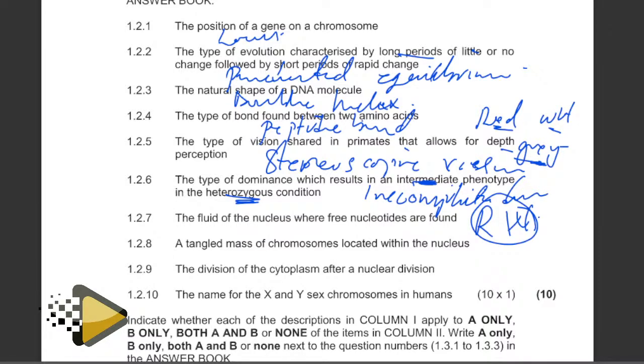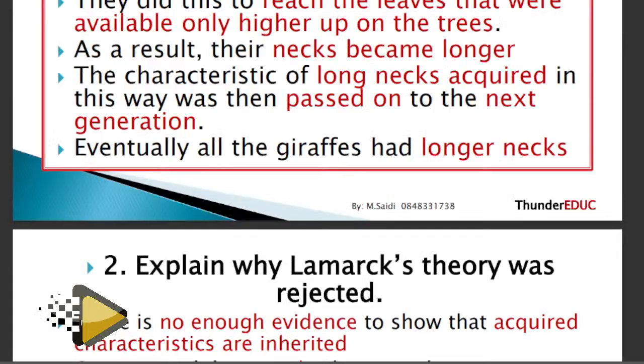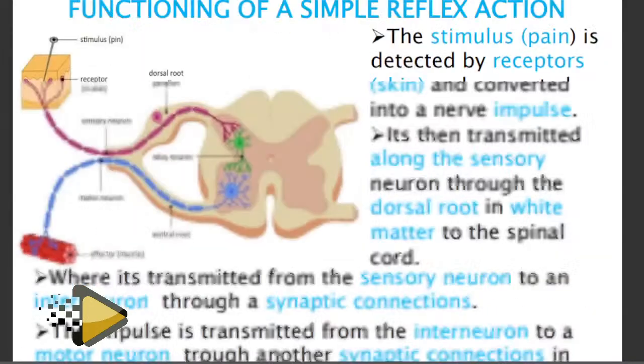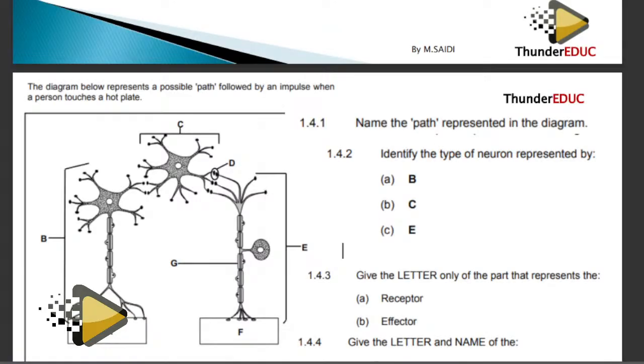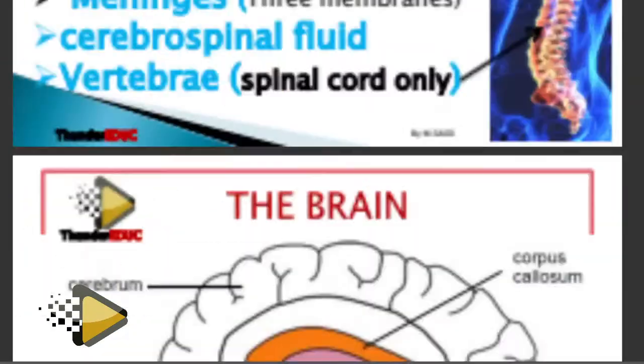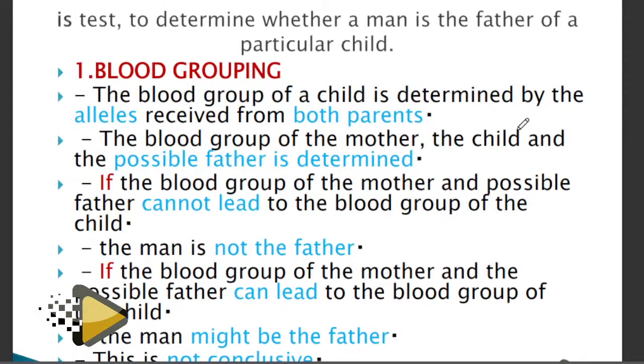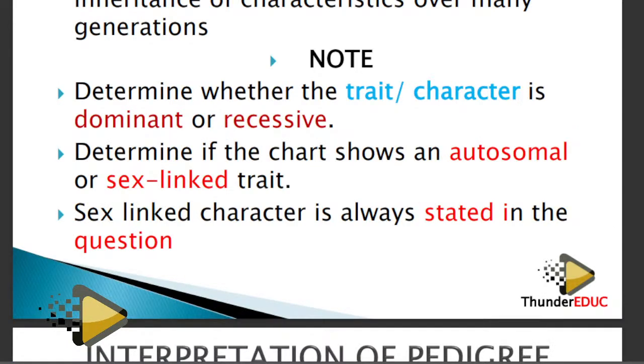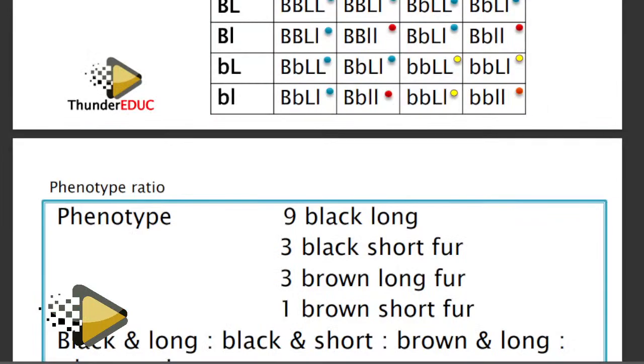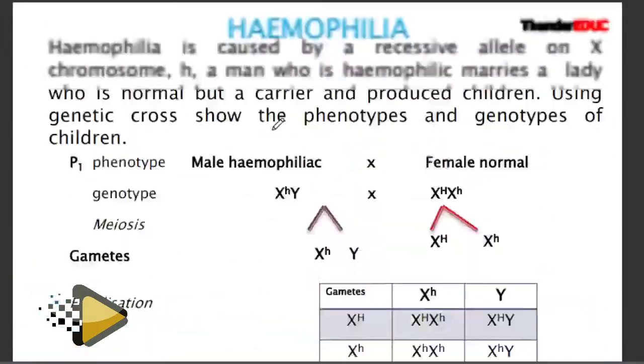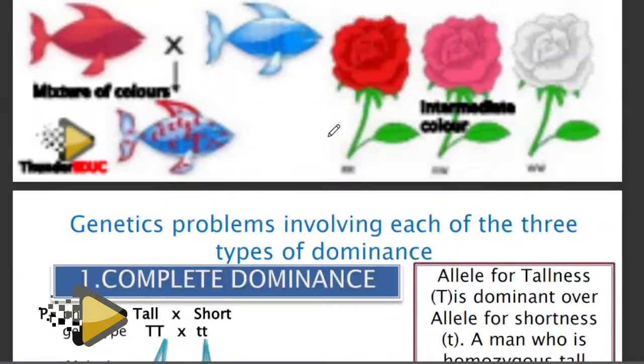Someone is saying that they wrote codominancy. The reason why they might not give you codominancy is because they say intermediate. And on our distinction material, let me clarify for you, because this one could be a disturbing factor, that people could mix it with codominancy.